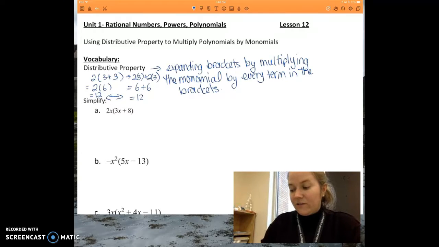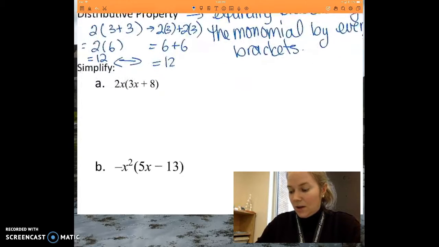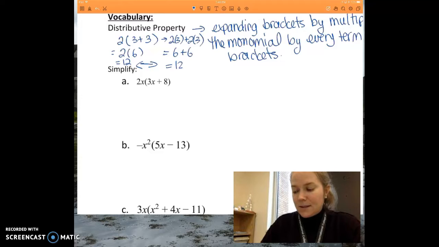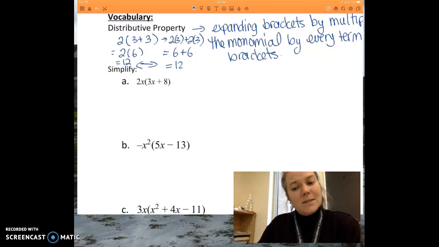So let's look at our very first example: 2x times, all in brackets, 3x plus 8. We're going to bring in our exponent rules, all the things we've been working with over the last couple lessons. First, 2x times 3x. What is x times x? x times x is x squared.